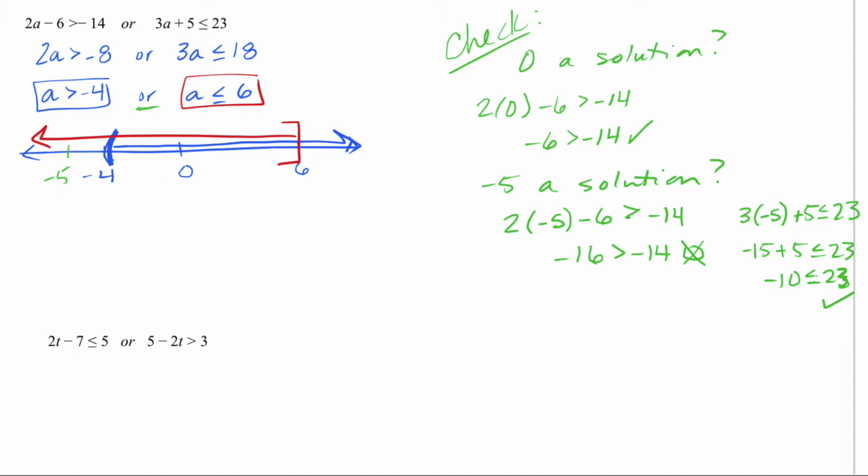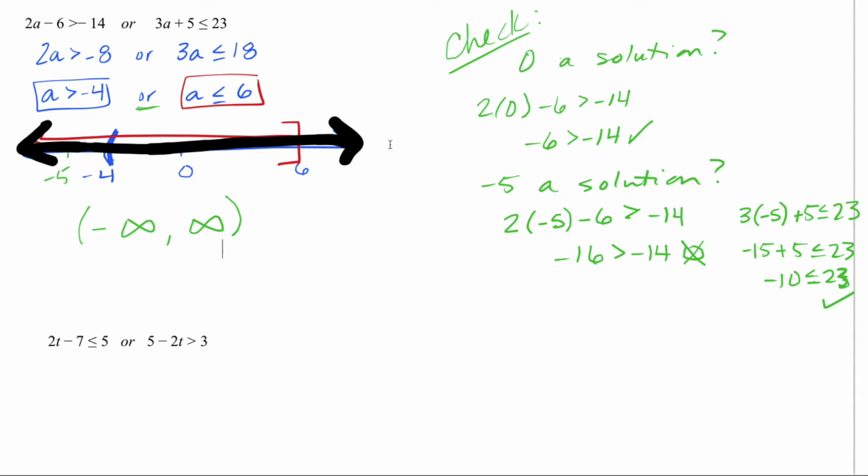So what does this mean? We saw this in the prior video. If we have an or and we have the entire graph shaded, because we don't need to worry about overlap, then my solution is negative infinity to positive infinity, all real numbers.